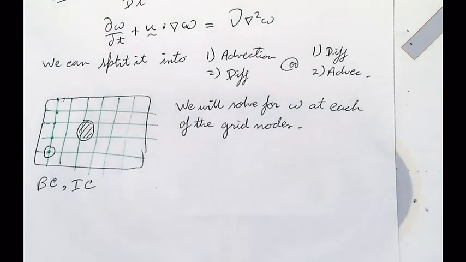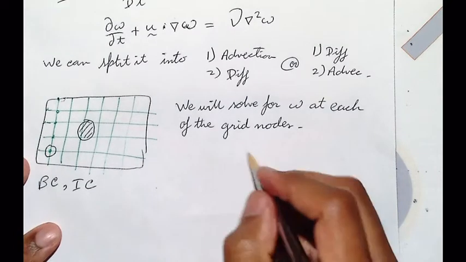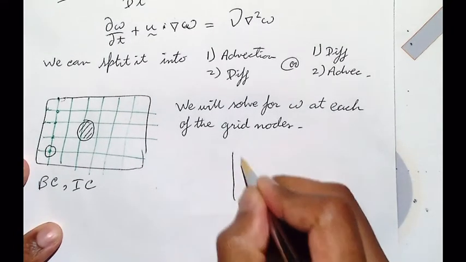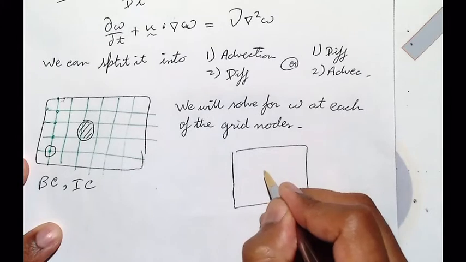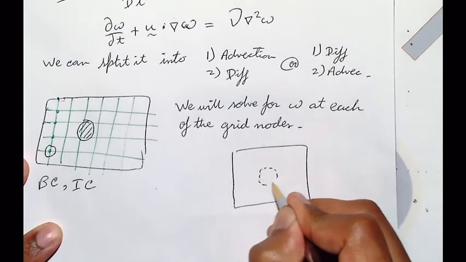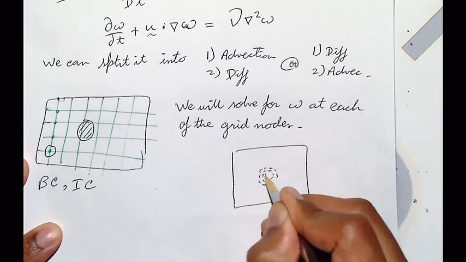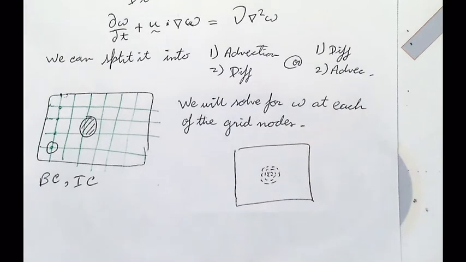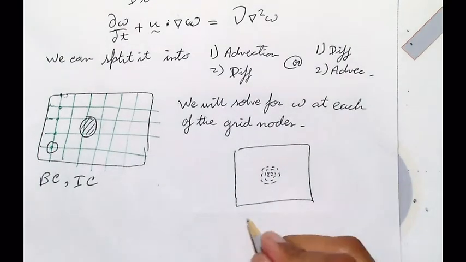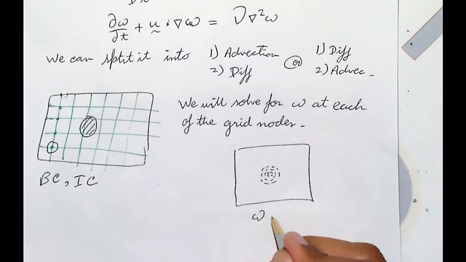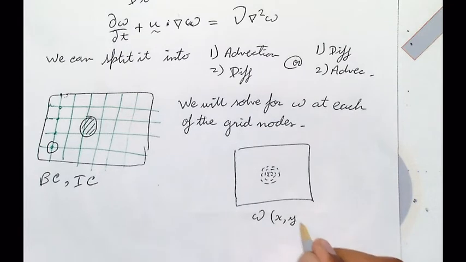Okay, so if we talk about a simpler problem, where let's say I have a domain and I give you, in a circular arrangement, a Gaussian distribution of vorticity. So I basically give you omega of x comma y at t equals 0, which is omega naught.